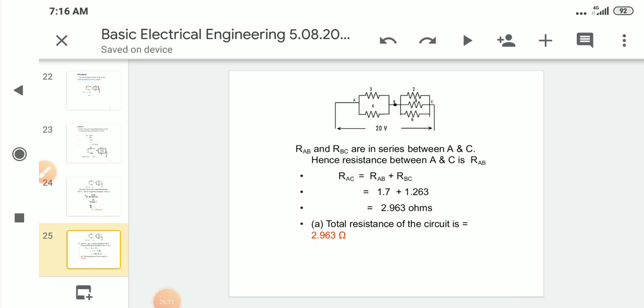In this way, we calculate the equivalent resistance of the total circuit.